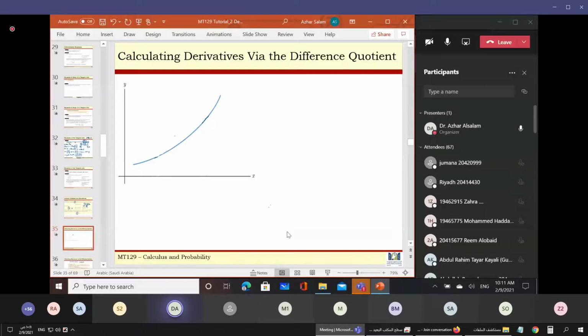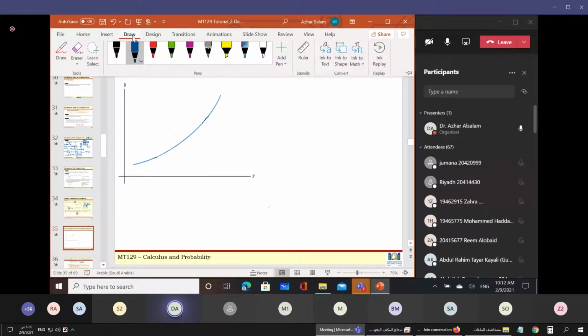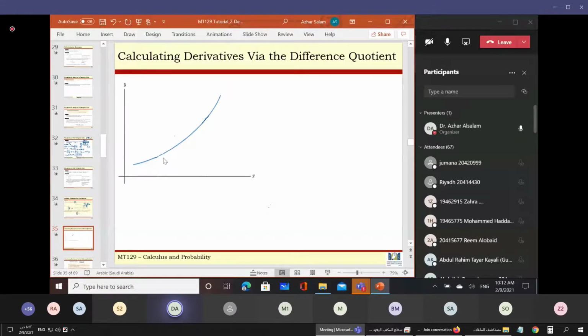Now we will use the main definition of differentiation, which uses the limit. First, to know what this notation is, suppose that you have a graph for any function in the plane, and you have 2 points.